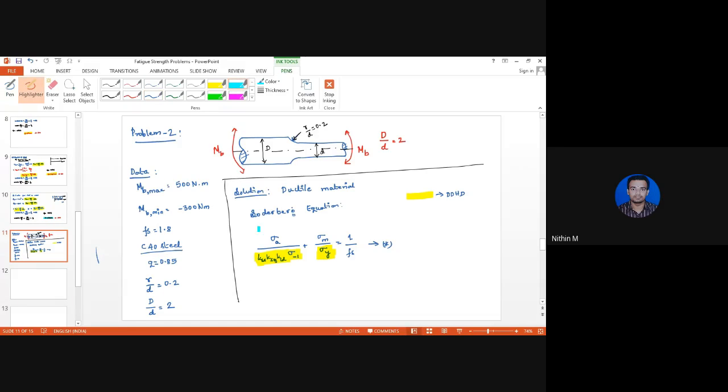Then the stress amplitude and the mean stress, whatever is highlighted in blue, can be calculated based on the data given. Now the factor of safety is already given.